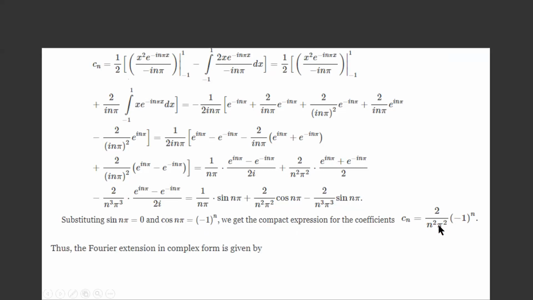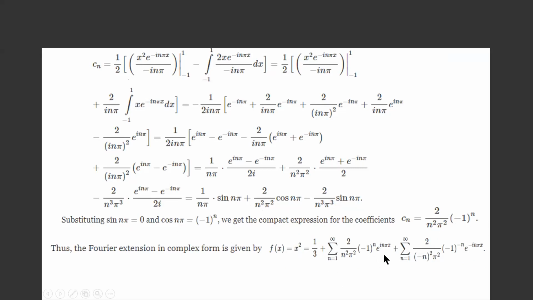What is a complex Fourier series? This is my complex Fourier series for my even function x squared. So this is C naught plus, as I said, no need for the negative one, because I changed this into minus 1 to the n, and whether n is even or odd is included over here, right?